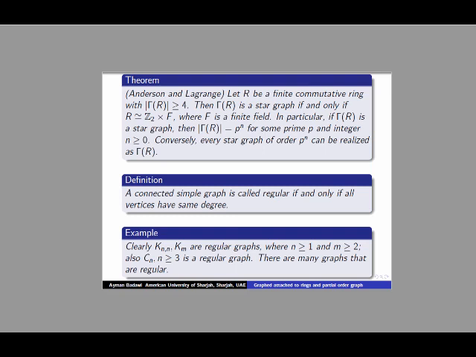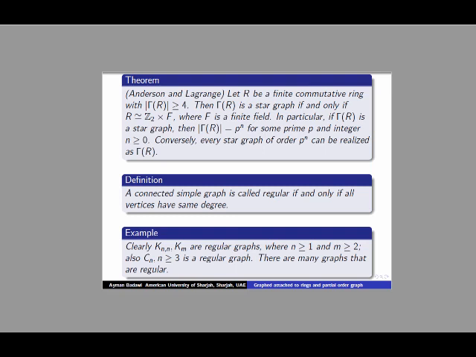So this theorem helps you a little bit in working with it. Look, the zero divisor graph is a star graph if and only if R is isomorphic to Z2 cross F. And remember, R is a finite ring, where F is a finite field.